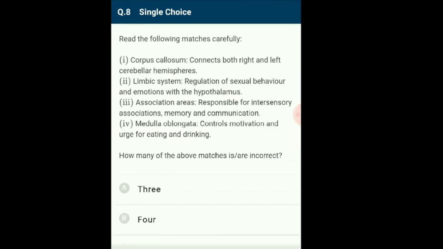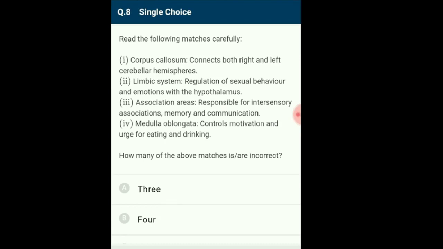Question number 8. Read the following matches carefully. From that, how many of the above matches are incorrect? Corpus callosum in the forebrain connects both right and left cerebral hemispheres. The association areas are responsible for performing complex functions like intersensory associations, memory, and communication. Hunger is generally called the urge for eating and drinking.